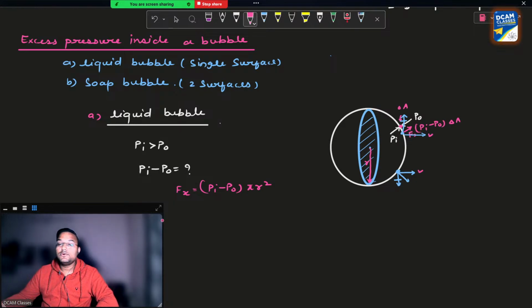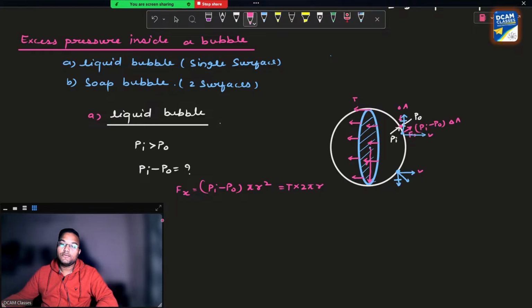Now this force is balanced by the net force acting towards the left because of the surface tension. What is that? T into 2 pi r, the circumference times surface tension.